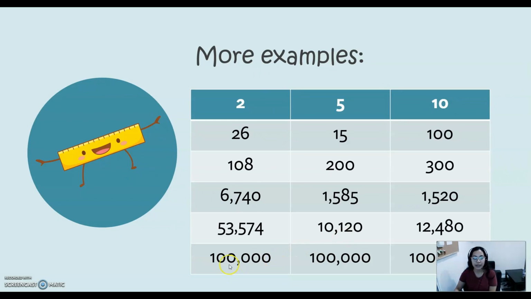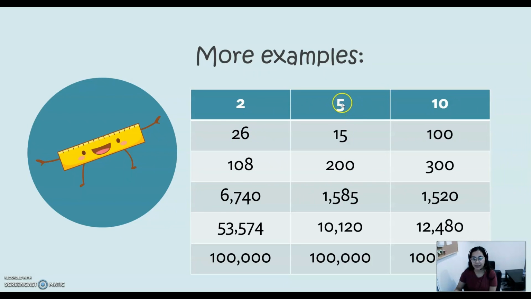In the first column, the numbers divisible by 2: 26, 108, 6,740, 53,574, and 100,000. All of these numbers end with an even number.